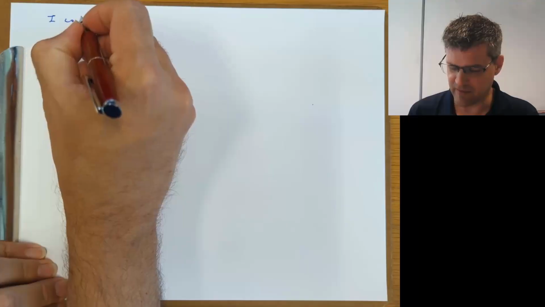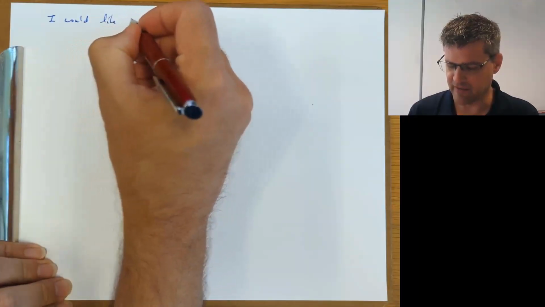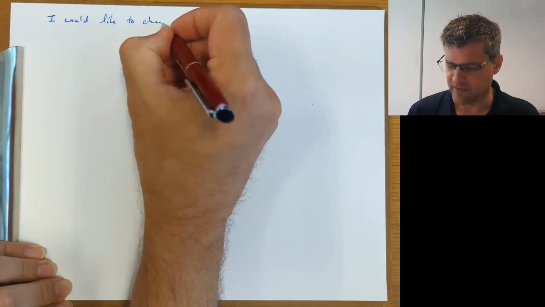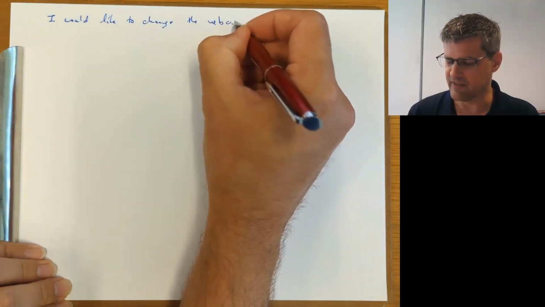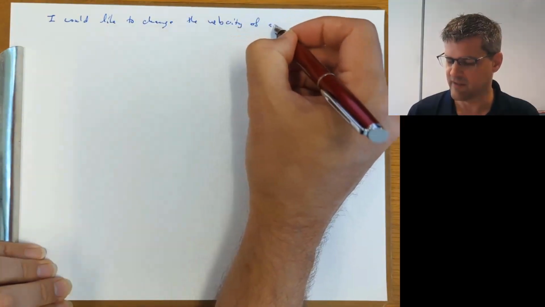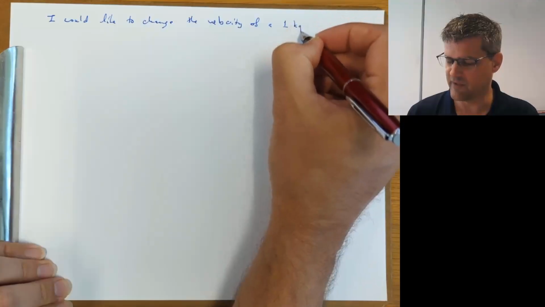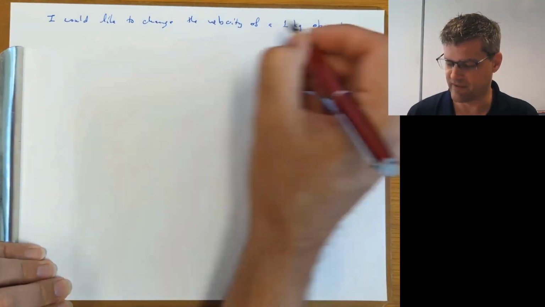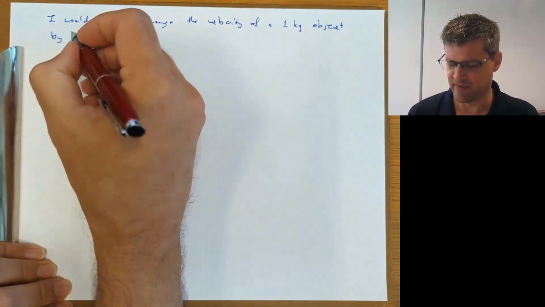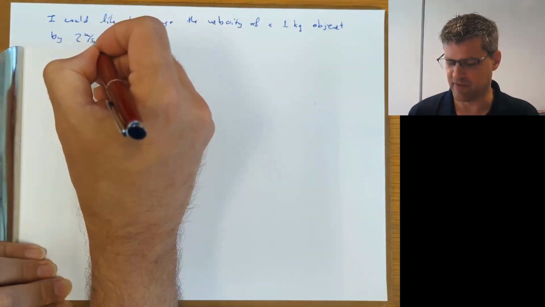I would like to change the velocity of a 1 kilogram object by 2 meters per second.